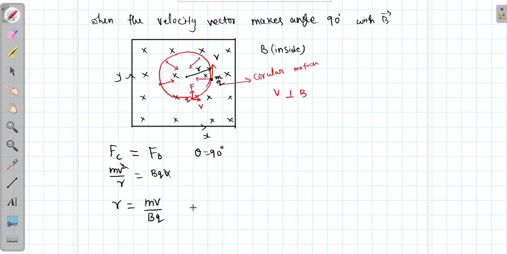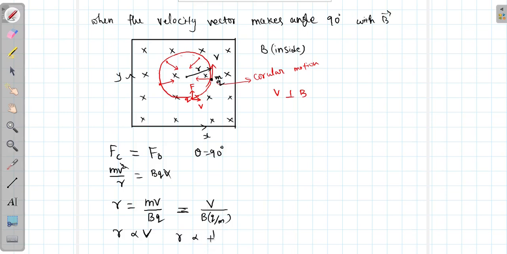It means that r is proportional to v. So as you increase the velocity of the charged particle, the radius becomes higher. Also, if you rearrange this equation, r is v divided by (Bq by m). Have you ever seen this quantity q by m?